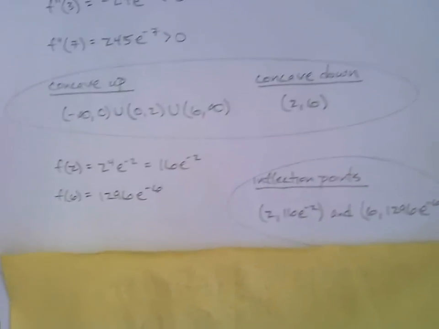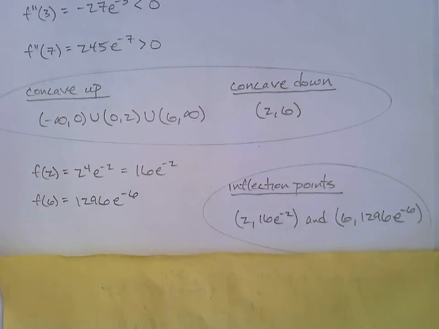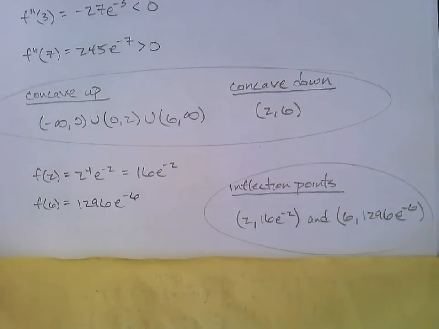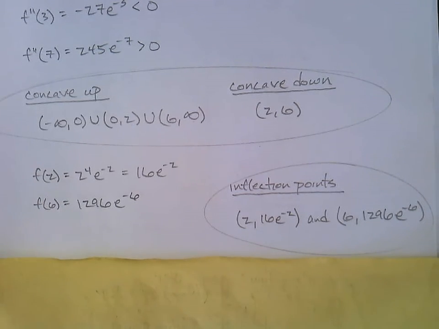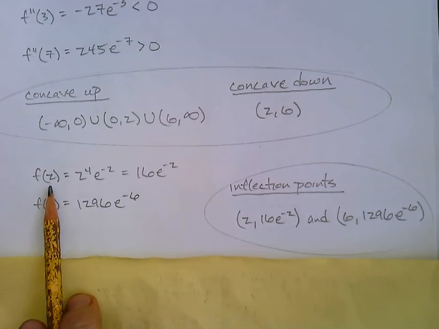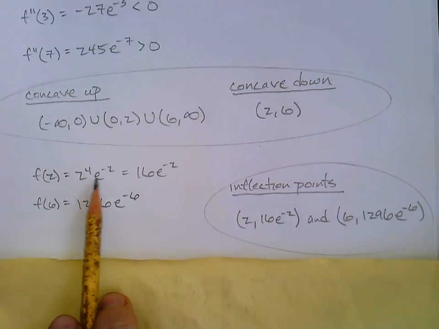So I've got it all down here, squeezed in to this page. So what we're going to do, we know the x coordinates of the inflection points, but it's a point, right? An ordered pair. So we want to know the y coordinates. So where do we plug the 2 and the 6 in? To the original function, because we want to know y values. So the original function was x to the 4th e to the negative x.